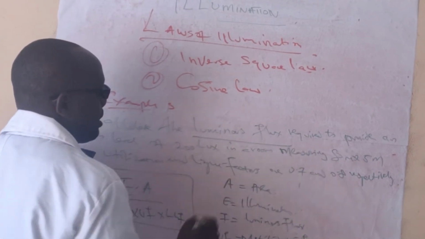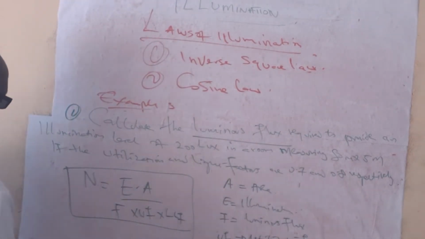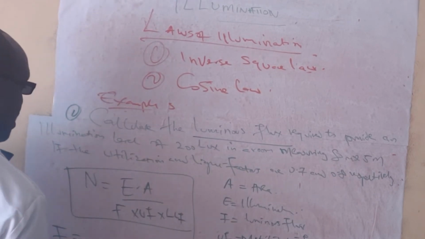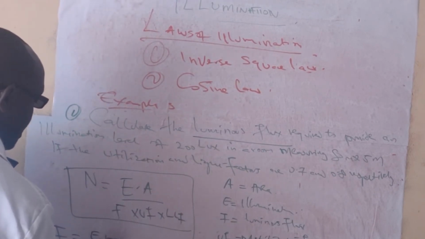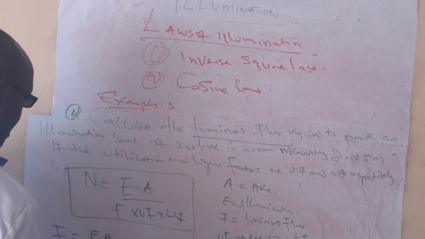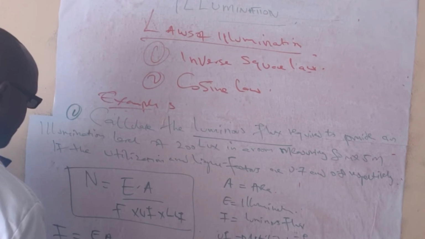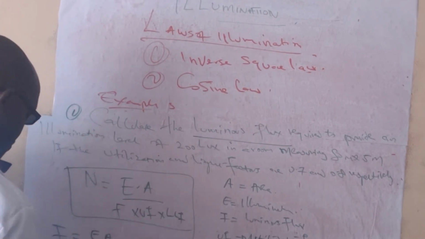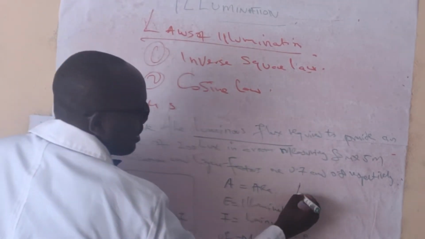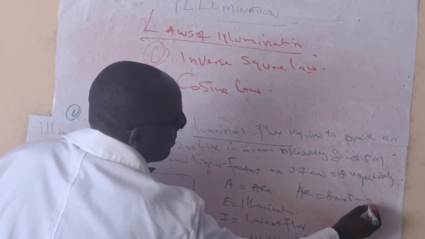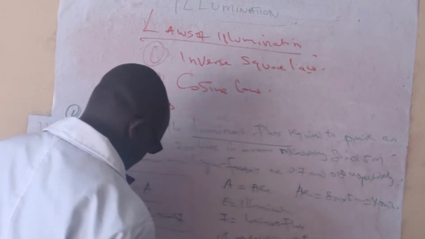To determine the luminous flux, we write the formula F equals E times A, over N multiplied by the utilization factor multiplied by the light loss factor. The area here is 8 meters multiplied by 5 meters, which is 40 meters squared.